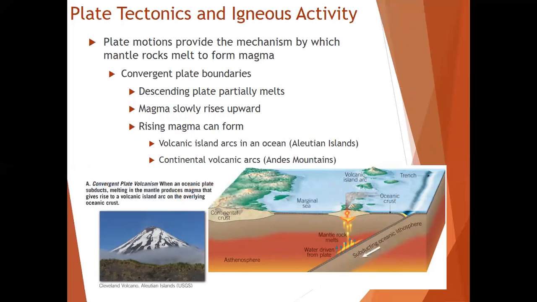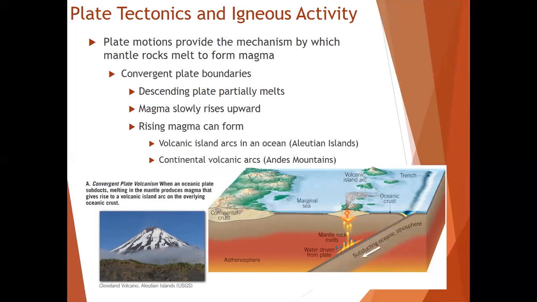As I just mentioned, the plates are providing the mechanism for rocks to melt. They're going to melt because of the subduction. And as one plate subducts under the other, we're going to have partial melting occurring at these convergent plate boundaries. That descending plate is going to partially melt because part of it is going to still be cool.